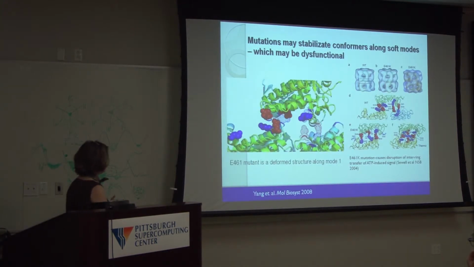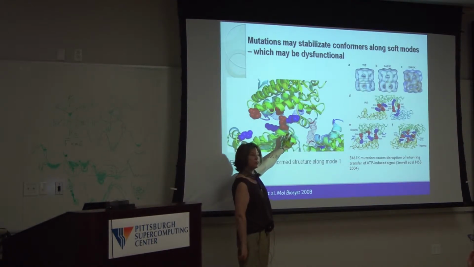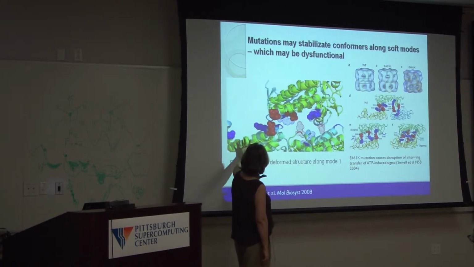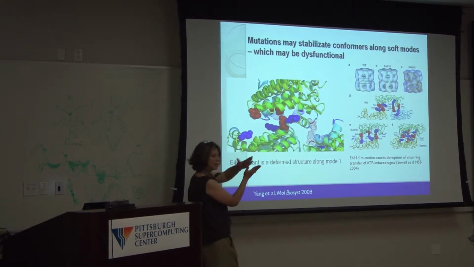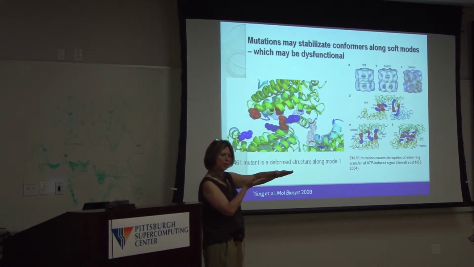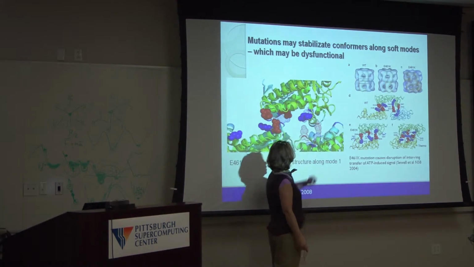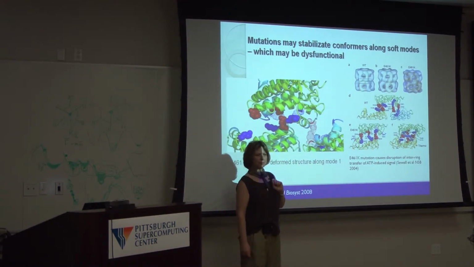Here is an example, again, for the same interface. What's happening in the first mode, in the slowest mode, is this, you have a subunit here, another subunit here, and a third subunit. And you have at the interface many salt bridges, okay? So originally, this salt bridge, now it's going to be dissociated, and there's a new salt bridge that's being formed. Okay?